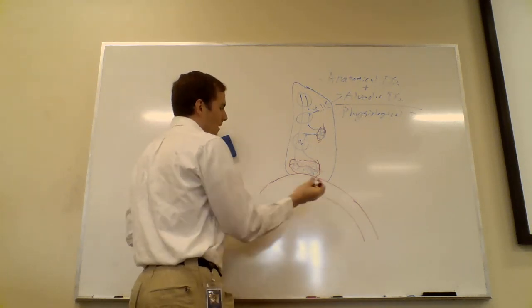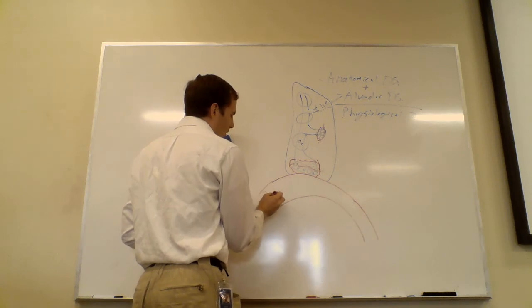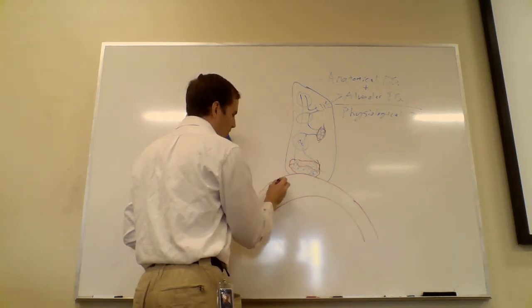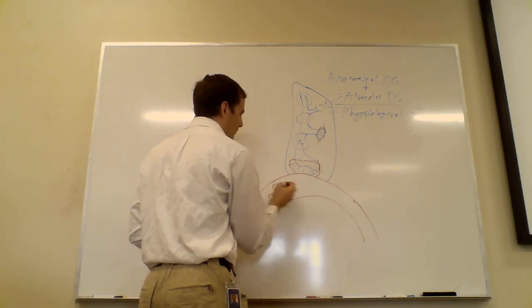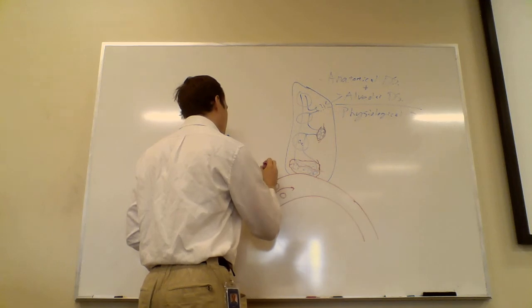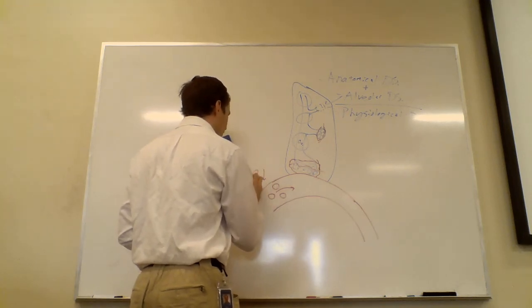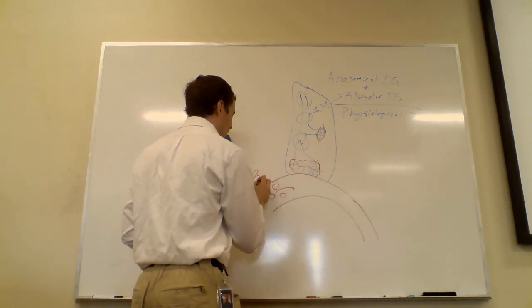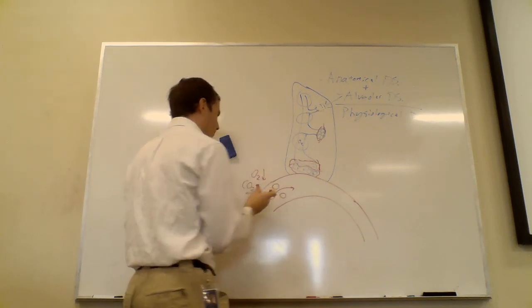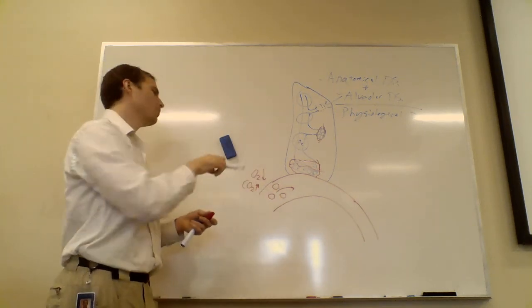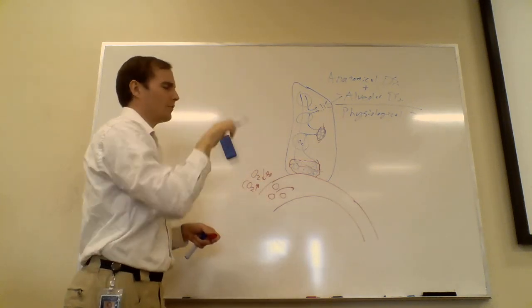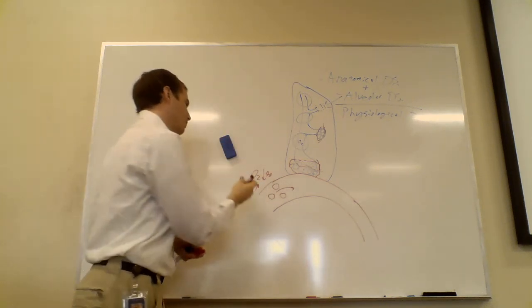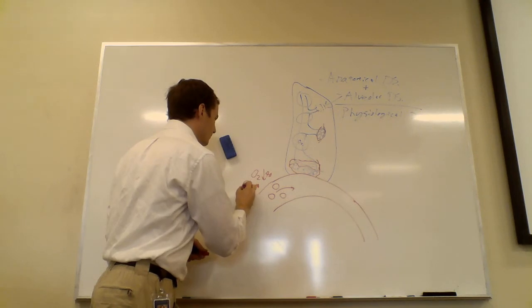So, we have oxygen poor red blood cells, which is what all these guys are, coming in. O2 is down over here. CO2 is pretty high. The exact numbers: O2 is roughly at 40. CO2 is roughly at 46.